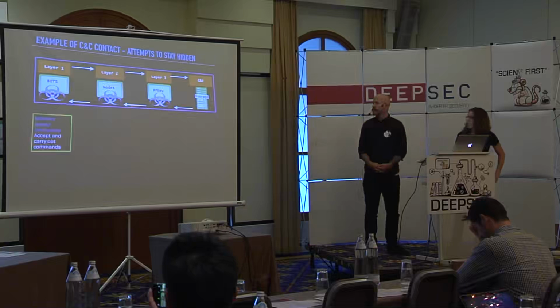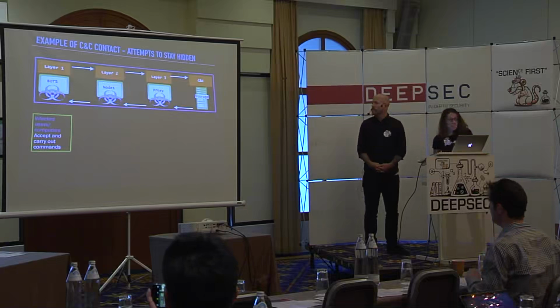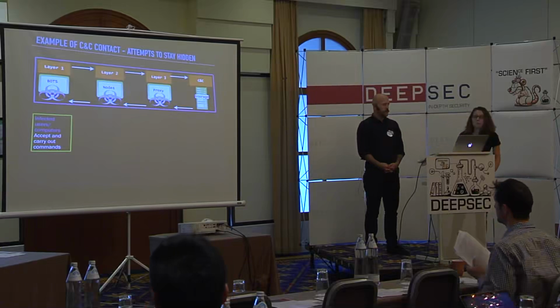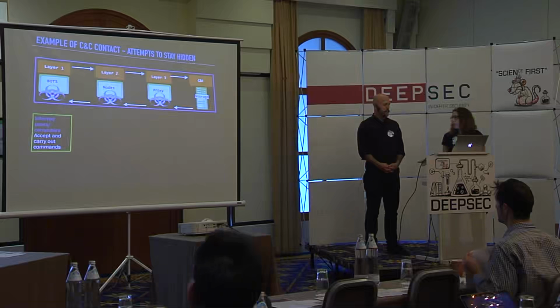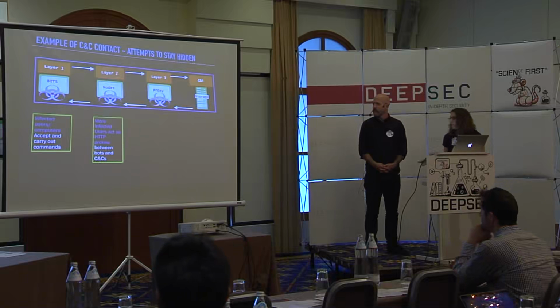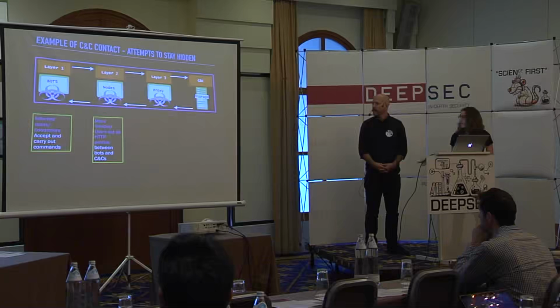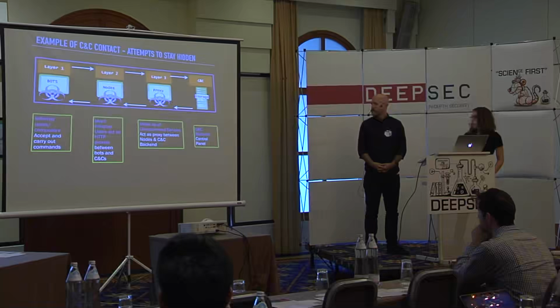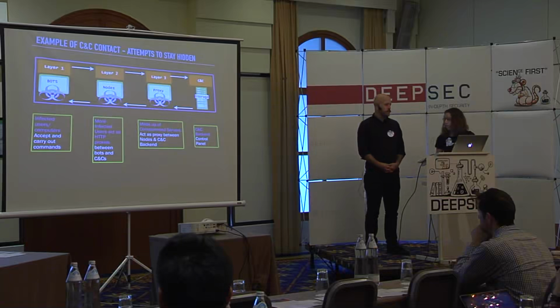As an example, starting at the infected system that's going to accept and carry out all of the commands from the server, the communications can go through more infected user systems that act as an HTTP proxy between the bots and the CNC server. Then there's typically another layer of compromised web servers acting as another proxy before finally getting to the command and control server.